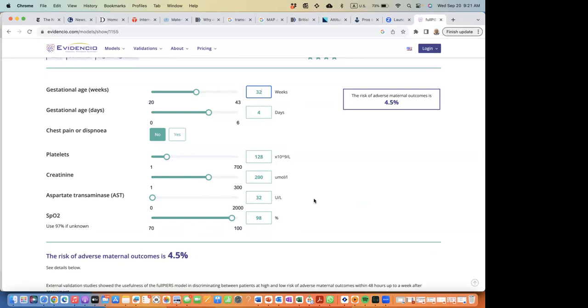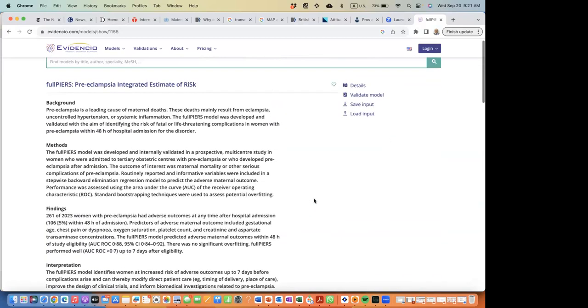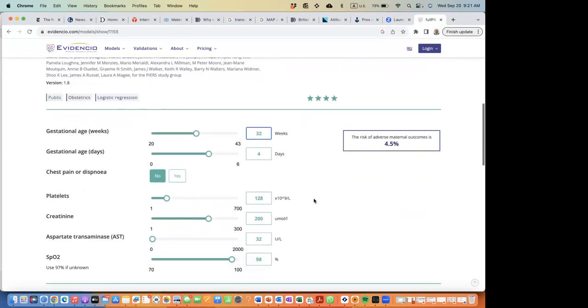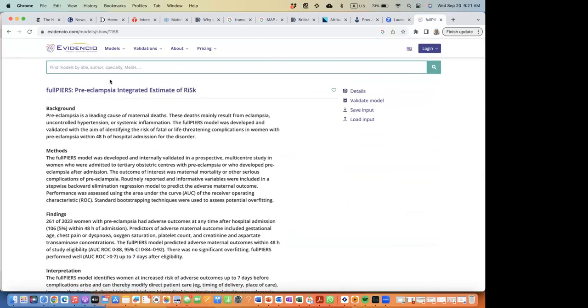And this is how you use this. You could probably have an application on your phone as well, and you can access it on your phone, but you have to fill up these. And the second one, PREP risk prediction, is also more or less the same, and that's also given by Evidencio.